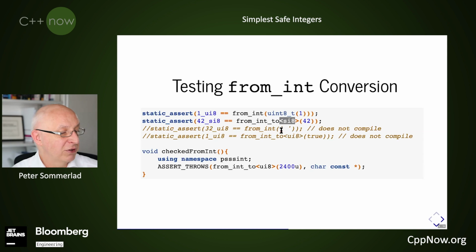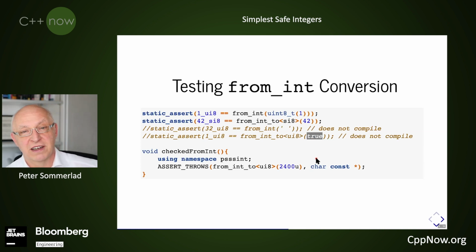And if we attempt to do that with the character type, like the space character, we will get a compile error because the corresponding logic will not allow us to use a character type here. And the same is there for bool. We cannot convert bool accidentally to one of our special enum types.